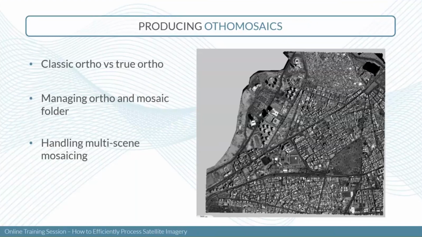The acquisition angle of the satellite imagery can have a big impact on the quality of the true ortho you can generate, since the images are usually acquired off nadir. It can be challenging to have a really high quality true ortho.